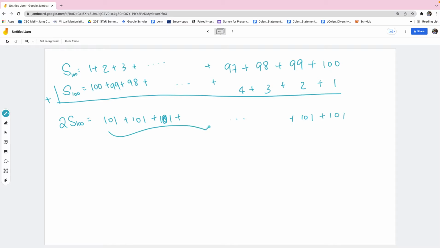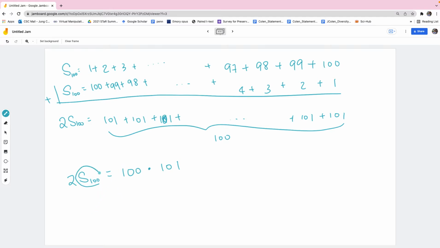How many are there? I have all the way from 1 to 100. There are 100 of them. So 101 plus 101 plus 101, 100 times, is 100 times 101, which is 2 times the sum of all natural numbers up to 100.